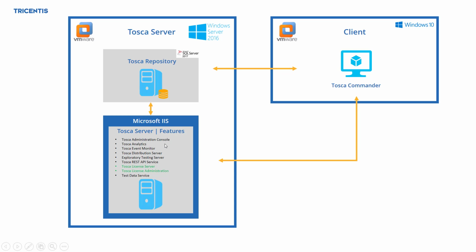That would be, for example, Tosca Analytics, distributed execution, Explorer testing server, and so on. On the other hand, on the client machine, we will install Tosca Commander. On both of the machines, we will also install the latest patch version, which is available.